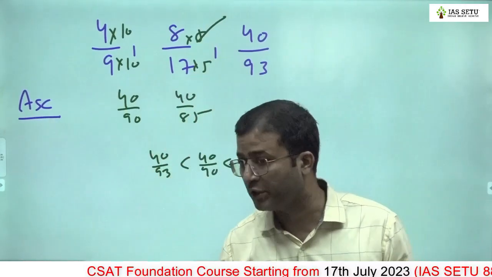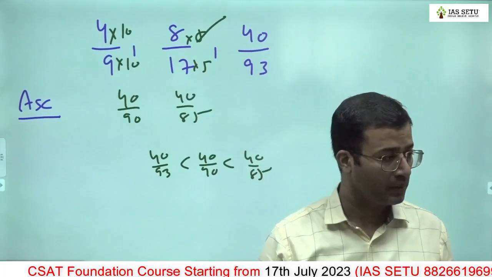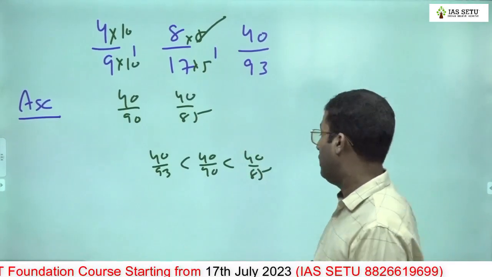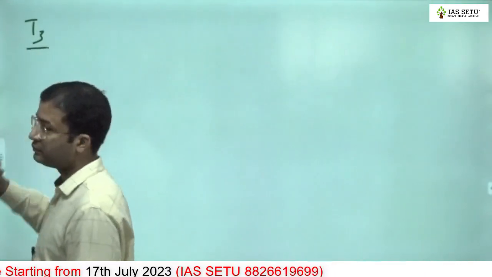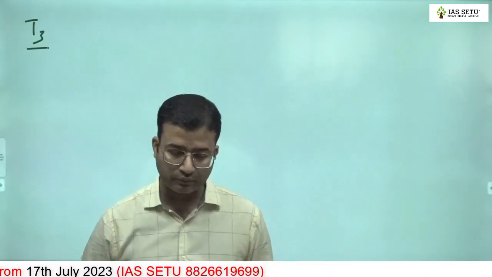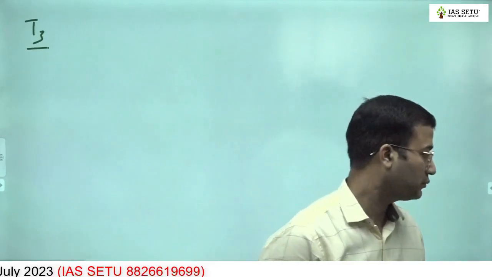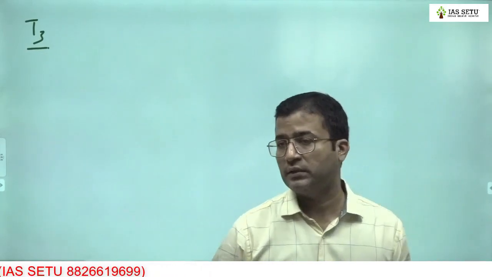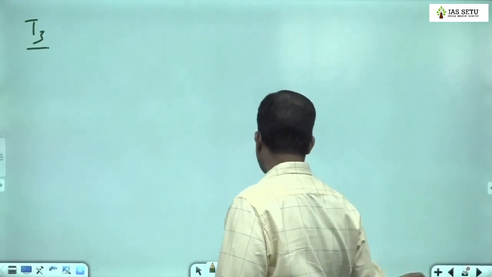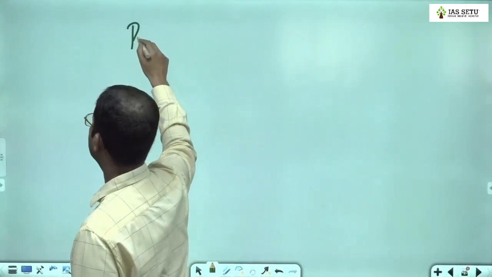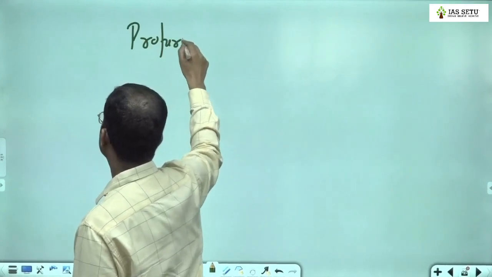Is this type 2 clear? Okay. Now next is type 3. But before that, I tell you one thing, proper and improper fractions. I think all of you know the difference between proper fraction and improper fraction.